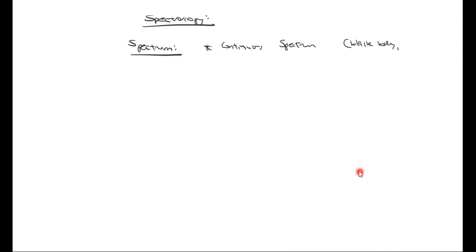And you've got what's called an absorption spectrum, and you've got emission spectrum. Hopefully you understand the difference between absorption, emission and continuous, and you need to know what situations give you absorption and what give you emission.